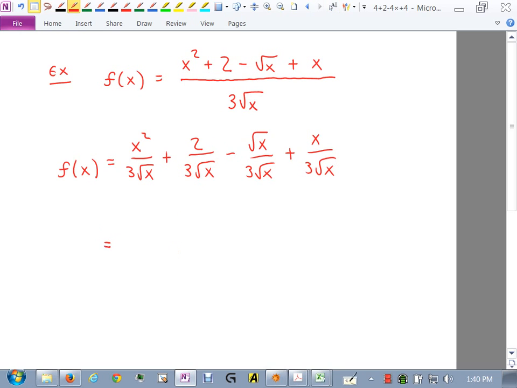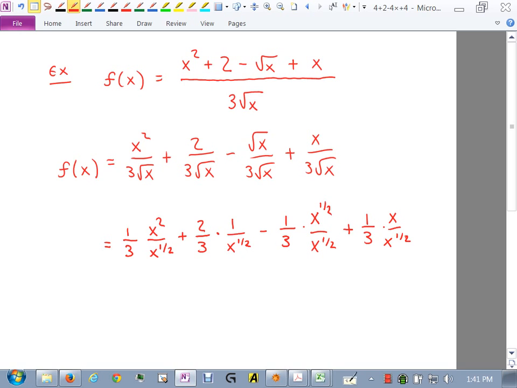Now I can rewrite this as, let me see if you can follow this, 1/3 x squared over x to the half, plus 2/3 times 1 over x to the half, minus 1/3 times x to the half over x to the half. Didn't really need to do that. Plus 1/3 times x over x to the half.